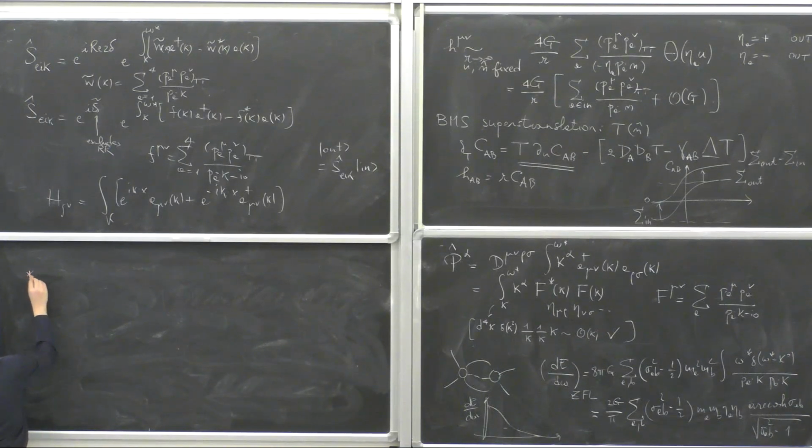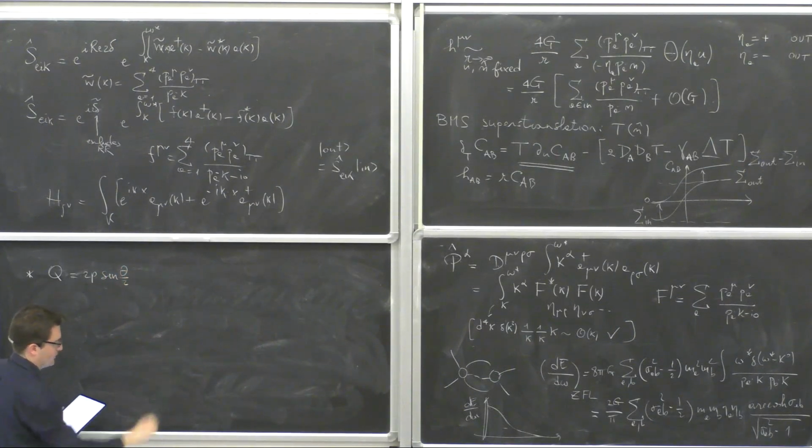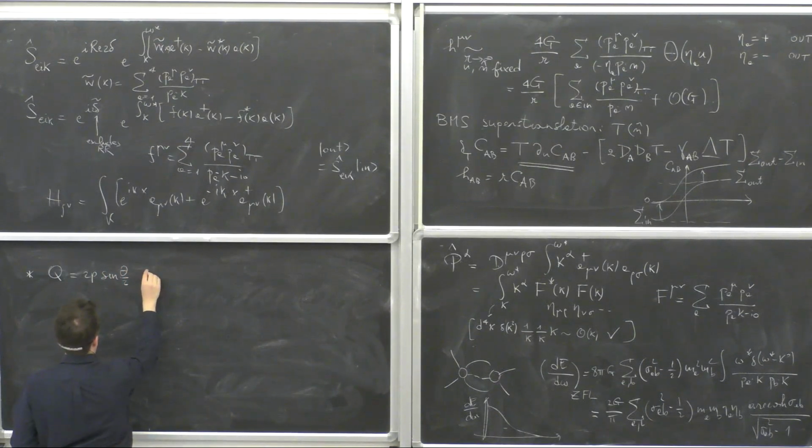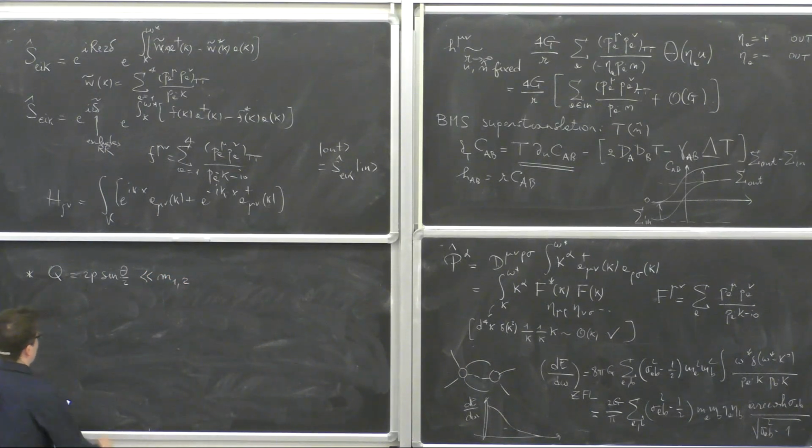So suppose you first take the small deflection approximation. So Q is small. This is, or when you consider just an elastic process dressed by these soft gravitons, this is the identity we have. And suppose you directly go in the regime in which this is much smaller than the masses. Okay, so this would be the standard post-Minkowskian regime we had yesterday.